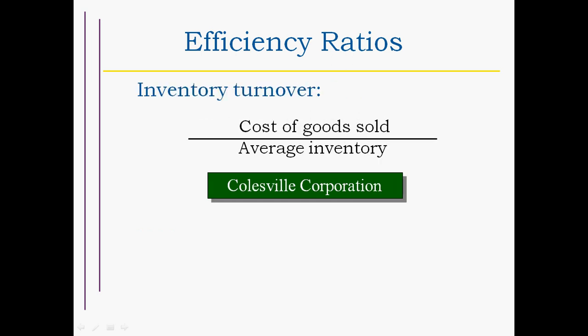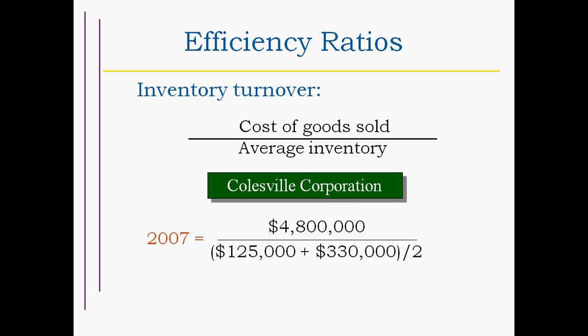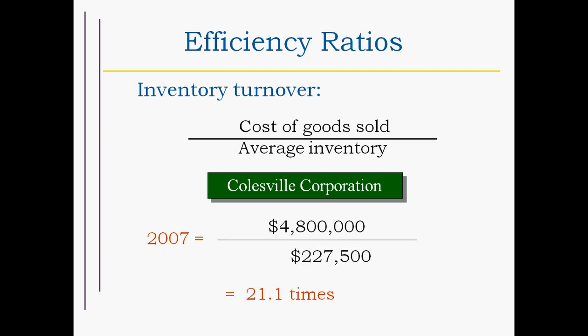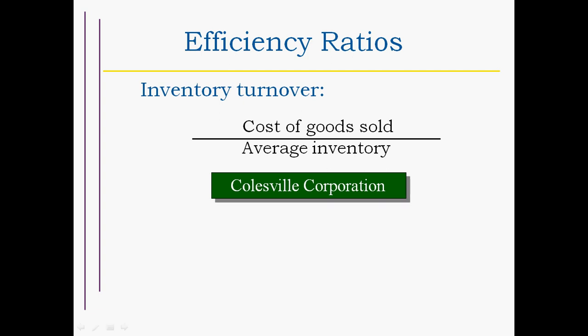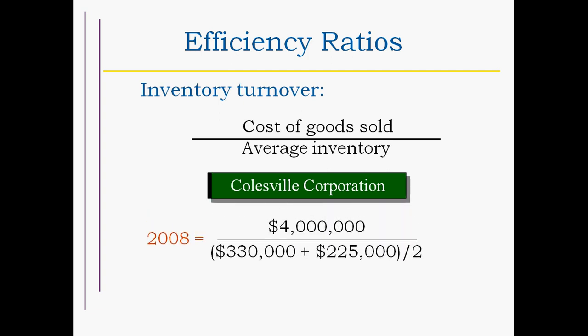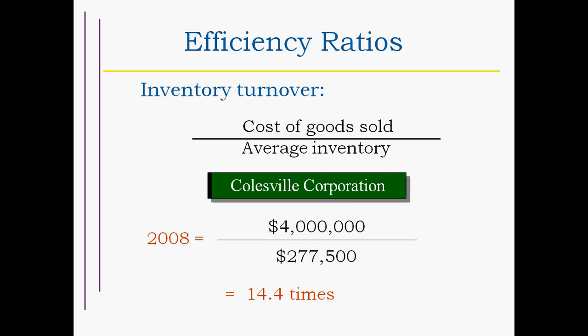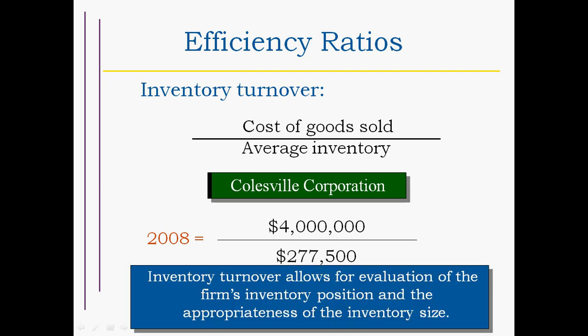Now inventory turnover: cost of goods sold divided by average inventory. You can see in 2007 it is 21.1 times, but in 2008 it's 14.4 times.